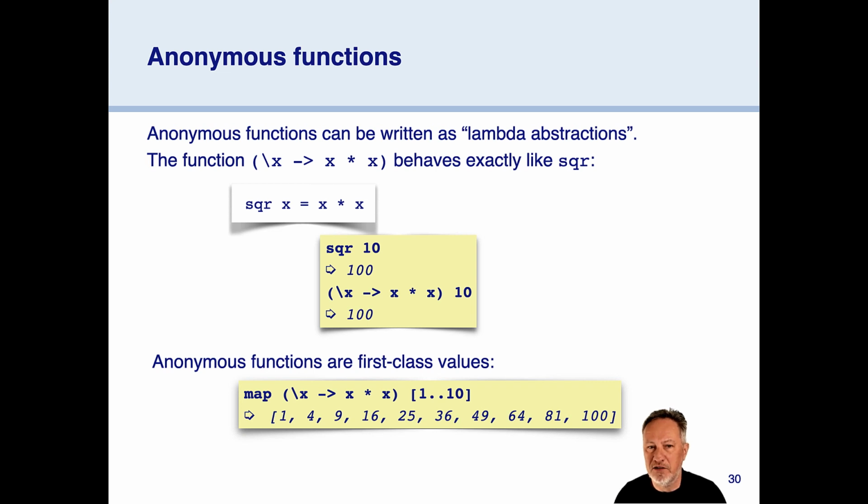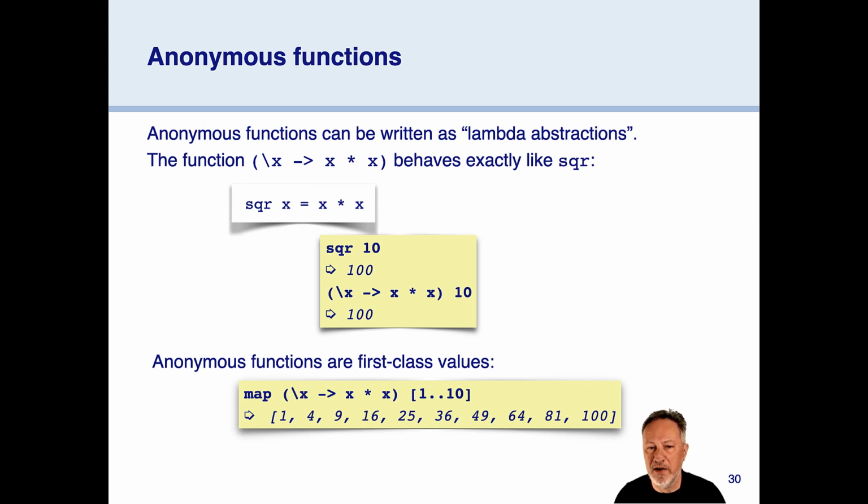The syntax of anonymous functions, as we'll see, is inspired by the lambda calculus. And to simulate the Greek letter lambda, we use a backslash. So here's an anonymous function, backslash x, arrow x times x. That's the anonymous function that takes an argument x and returns x times x.